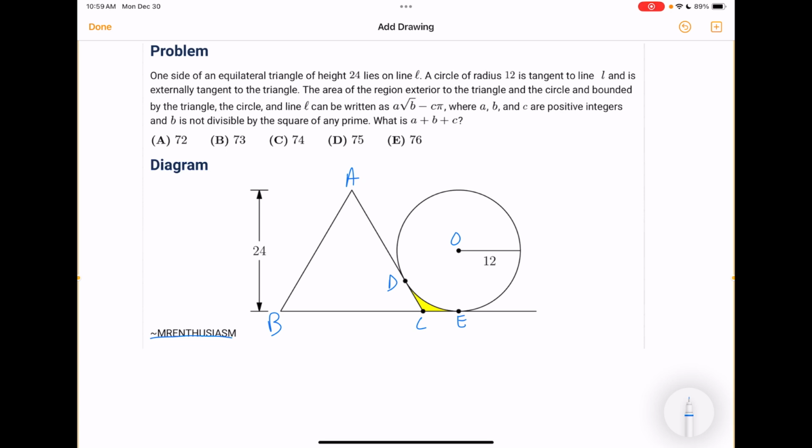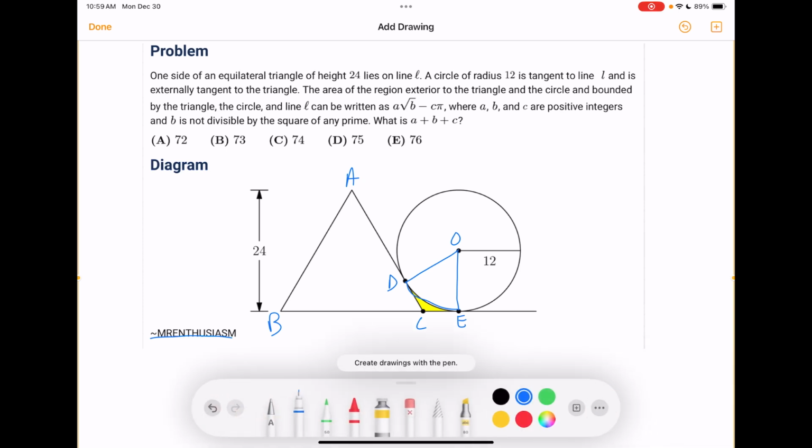If we want to find the shaded area, I'm going to connect O with D and E. Now we have a circular arc, and then the shaded area that we're trying to solve for.